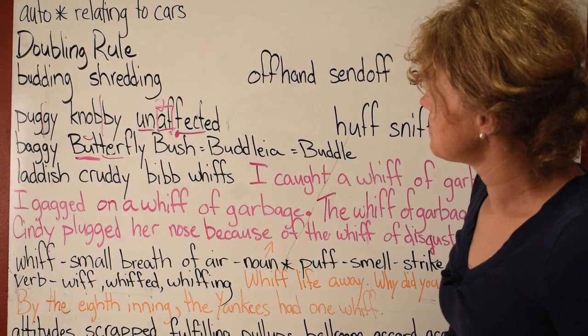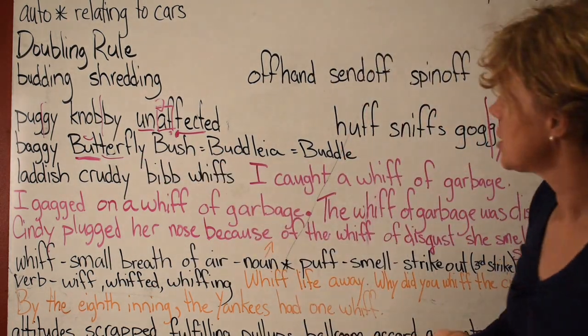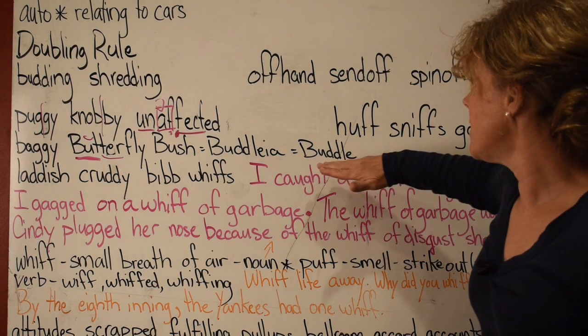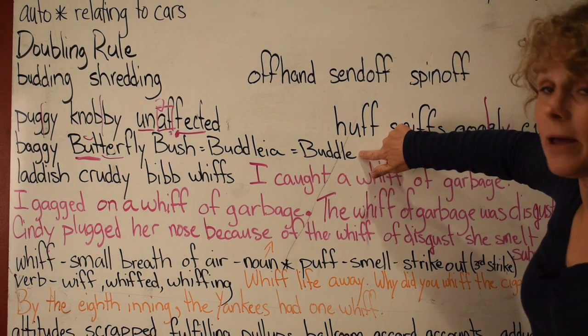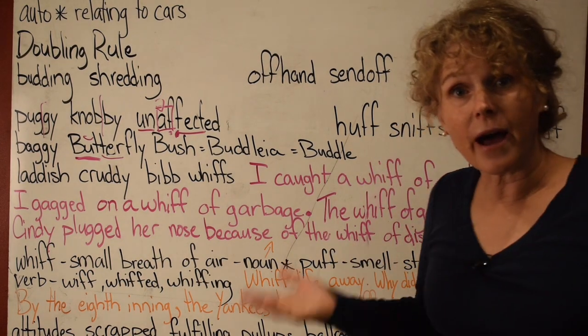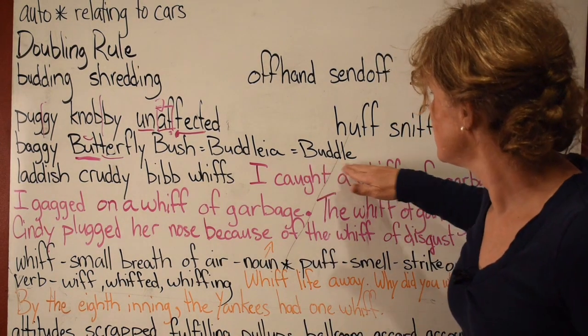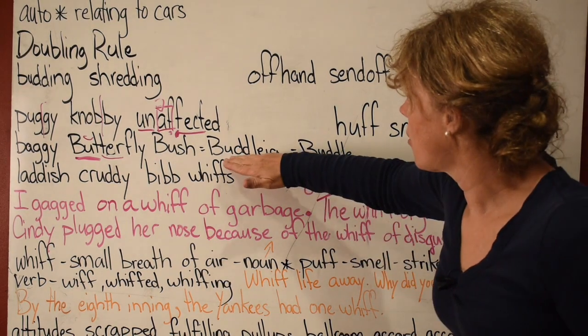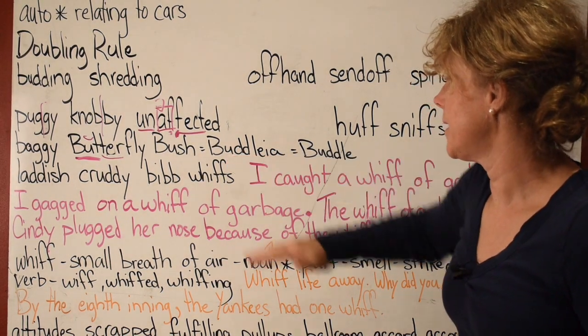It forces that. Now we have our butterfly bush, which is a buddleia. Mr. Buttle, he is the one that found the butterfly bush. He named it, and so that's why it's called a buddleia.